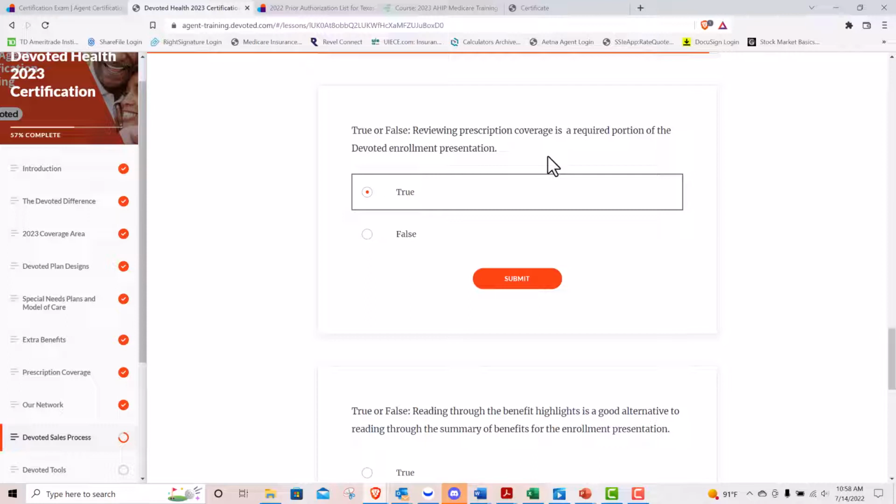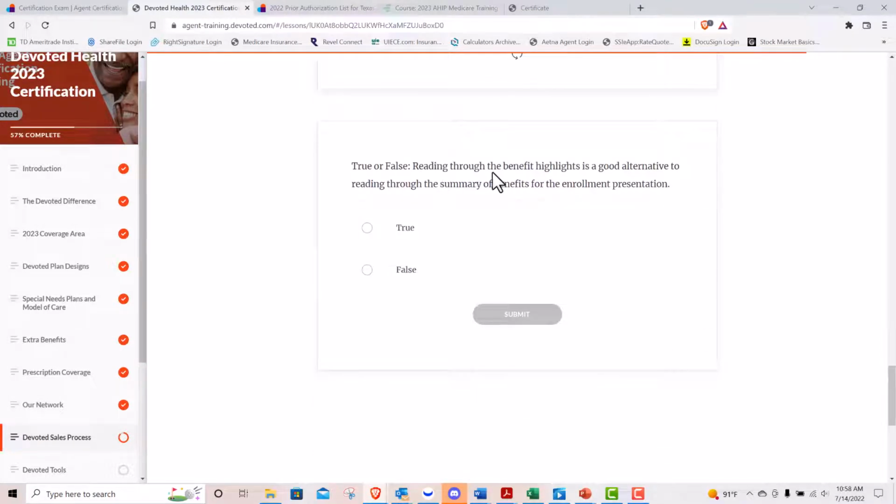I'm sorry, I made a mistake. I thought this was when you were enrolling a client, but for the presentation portion, yes, you have to go through the 5 tiers. If the plan has the senior savings model, which is the insulin program, and the 4 stages of prescription drug coverage. So the deductible, initial coverage stage, coverage gap, and then catastrophic.